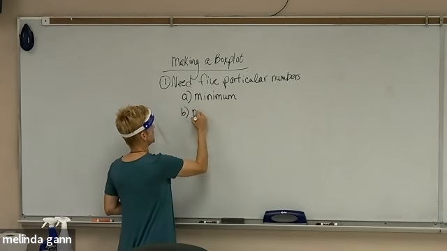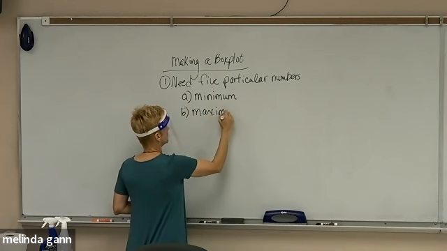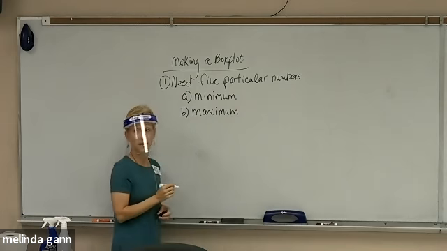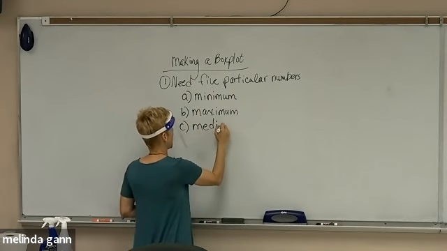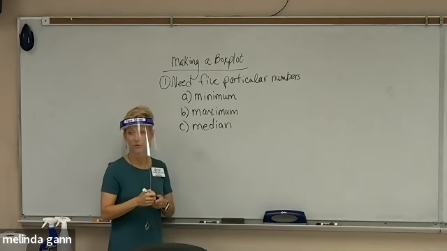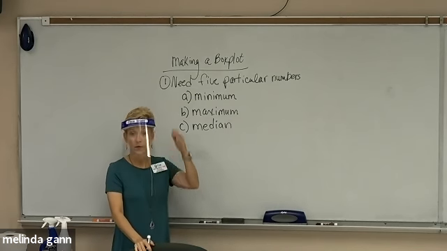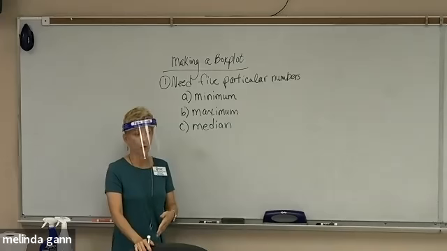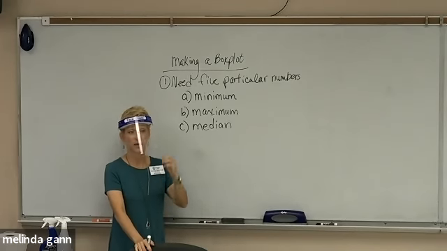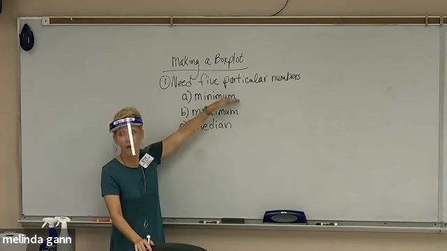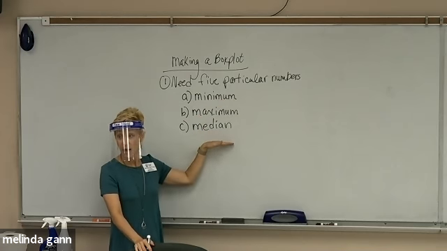You're going to need the maximum, so you're going to need the biggest. You're going to need the median. Now remind me how I find median. Tell me what I do. Put them what? In order, and then which value do I grab? The middle one. So you understand, in other words, you got the low, the middle, and the high.